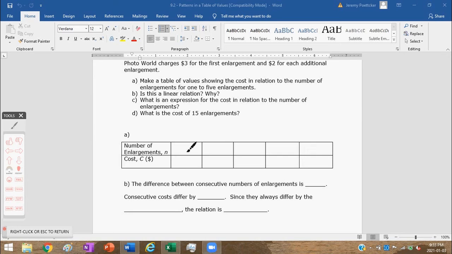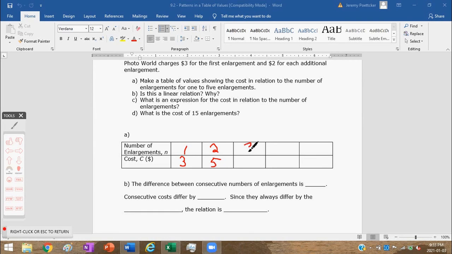All right, so let's give it a try here. We'll first make a table of values showing the cost in relation to the number of enlargements. So for one enlargement, what does it tell us up here? $3 for the first enlargement. $2 for each additional enlargement. So for our second enlargement, we would pay $2, but we've already paid 3.